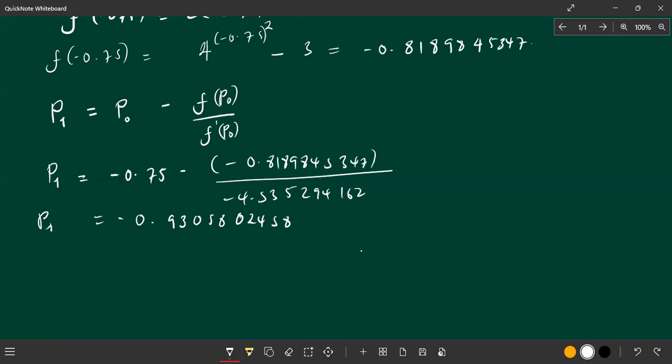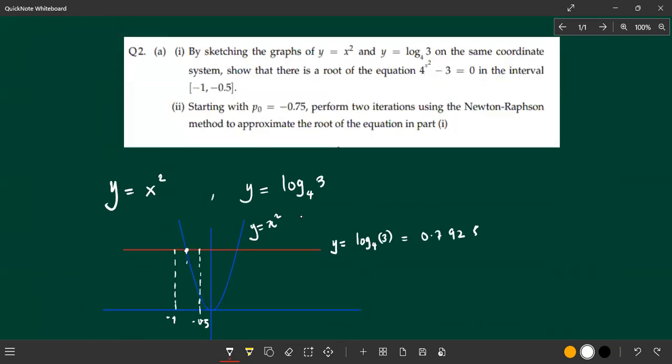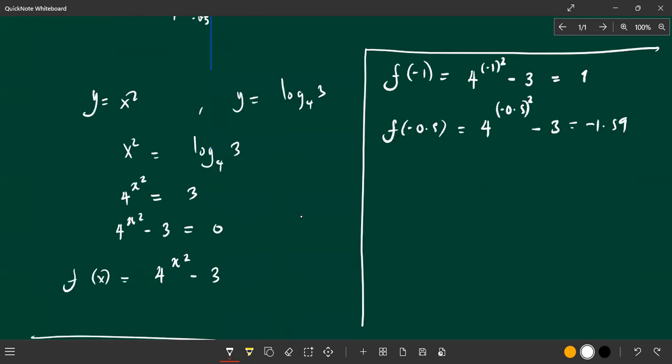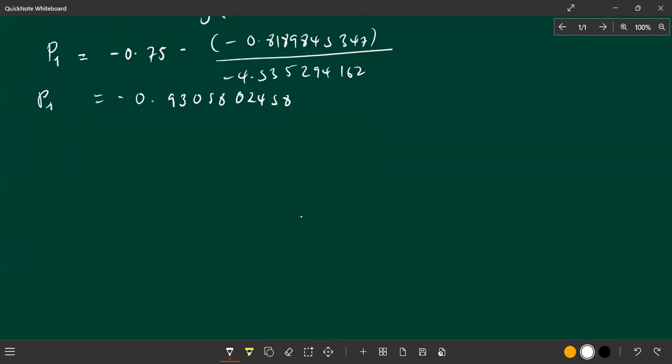The question is asking us to perform 2 iterations, so we are remaining with 1 more. Our P2 will make use of our previous approximation: P1 minus f of P1 divided by f prime of P1. Let's find these two first.